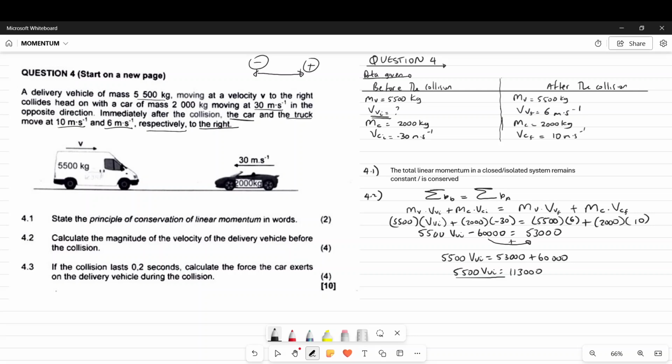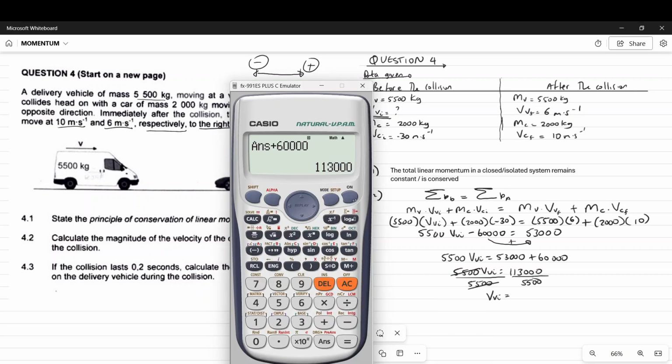Now let's divide that by 5,500. This cancels out, that cancels out. So v initial is equal to 11,300 divided by 5,500.